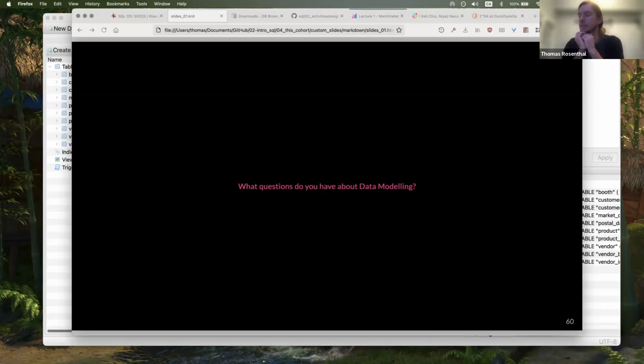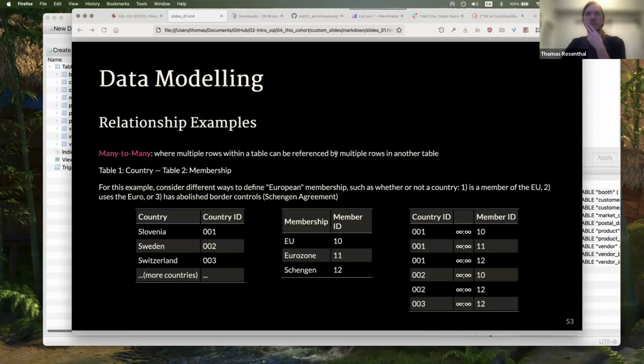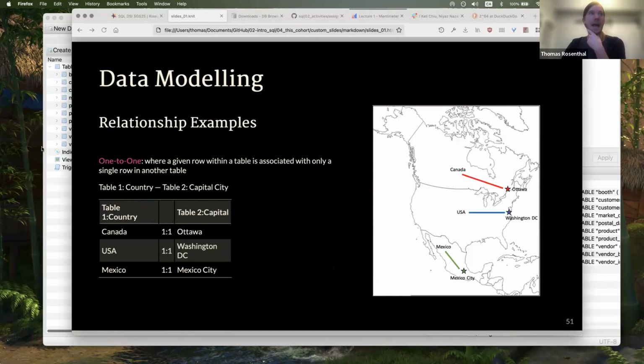So let's go back to the countries and capitals. If we have our country table, 1, 2, 3, and Canada, USA, and Mexico, that's our countries table.